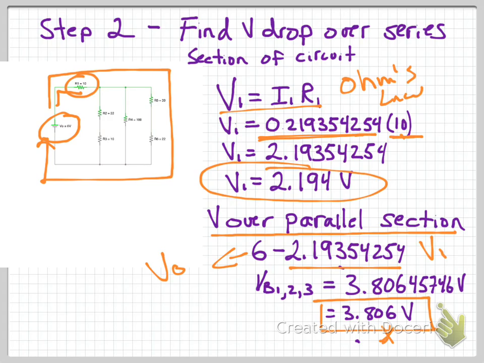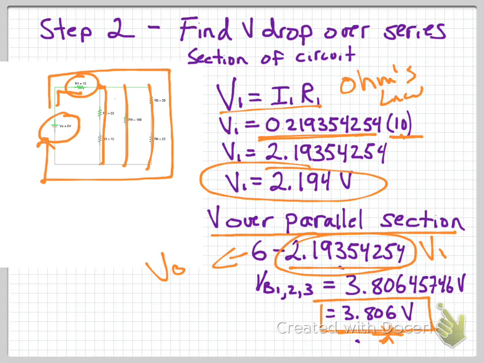This is the voltage that is remaining from that 6, because 2.194 was used up already on that first resistor. So this 3.806 is going to be across each of these branches. So that's going to be 3.8, that's going to be 3.8, and that's going to be 3.8.